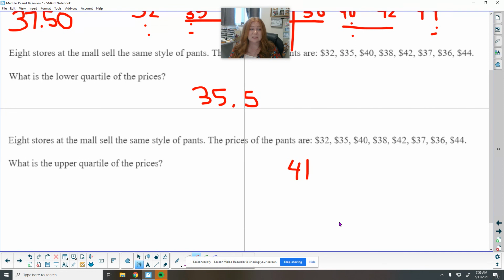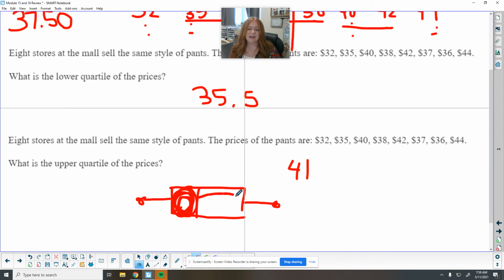So if I was drawing that box plot, I'd have $37.50, $35.50, $41. Draw those out. It goes down to $32, goes up to $44. So I can see the most, they're pretty commonly around $36. And then it kind of goes up a little bit. So not as many of the pants are as expensive. Most of them are around that $36 mark.